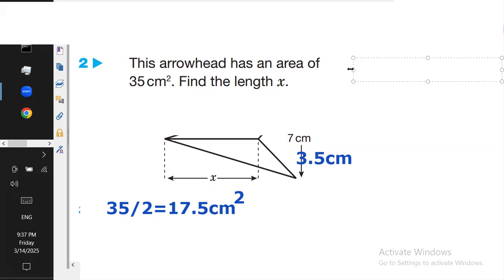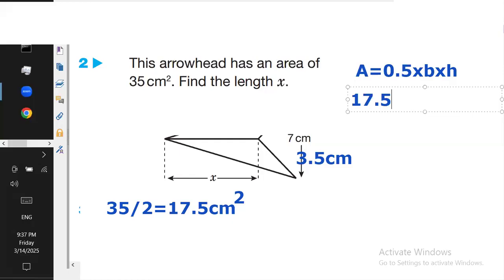The area of a triangle equals half times base times height. We already have the area, which is 17.5. Now I'm going to use smaller numbers. So 17.5 here, the area of half the arrowhead.